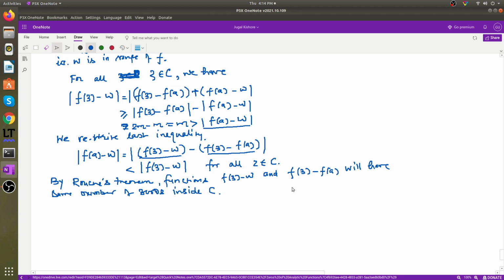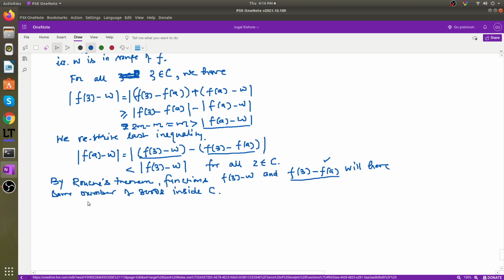Okay, but we can see that f(ζ) minus f(a) has at least one zero inside C, because z equal to a is one zero of f(ζ) minus f(a), and there may be any other zero also.